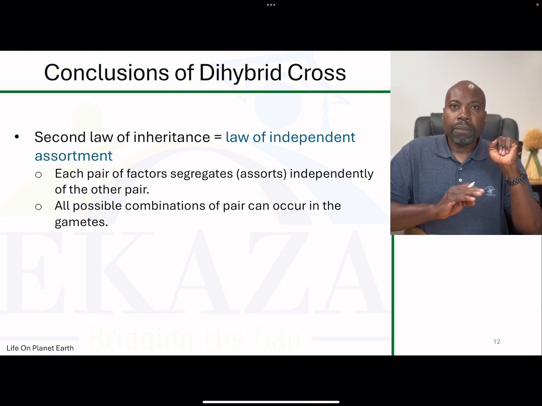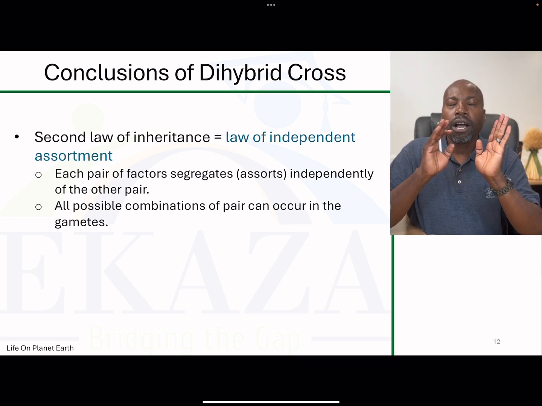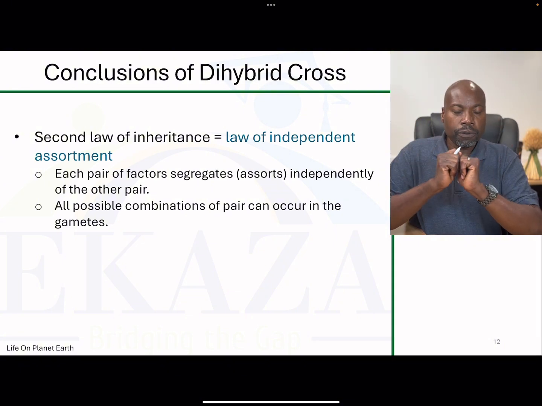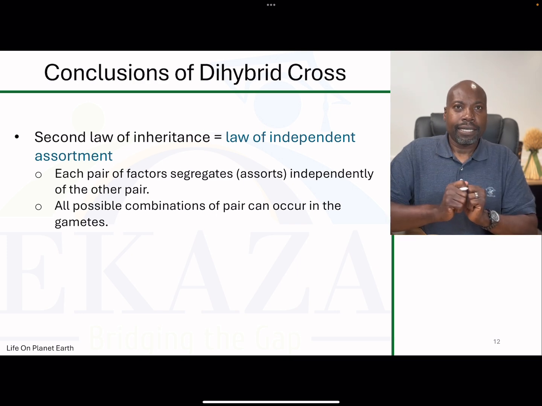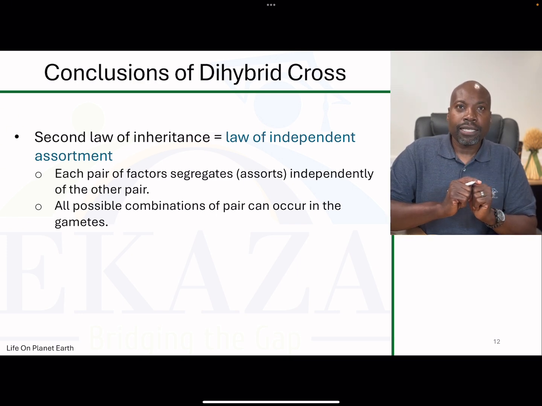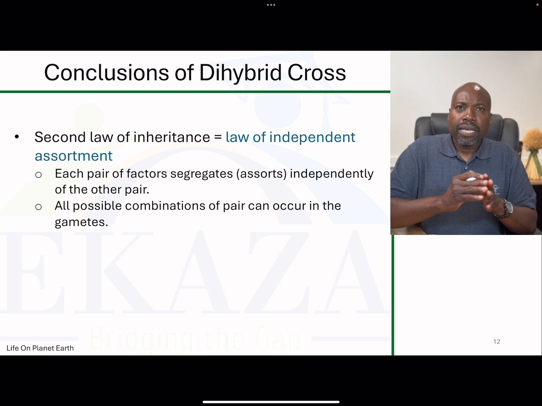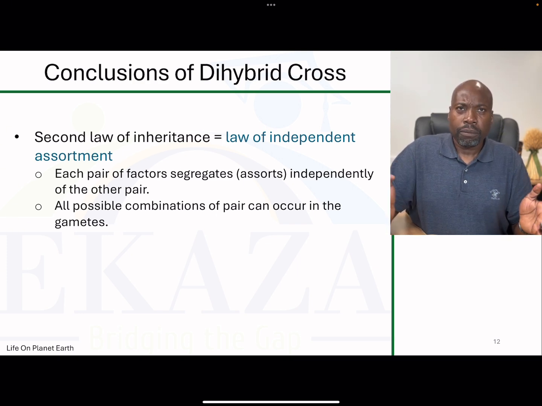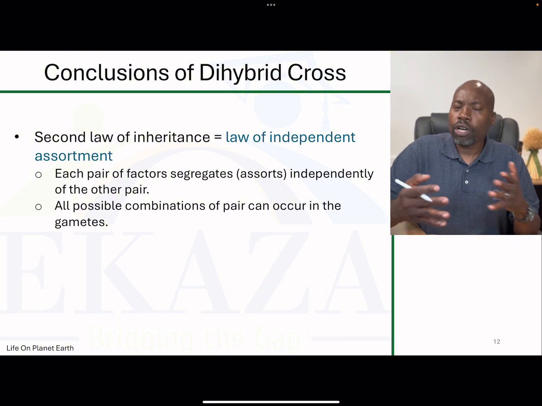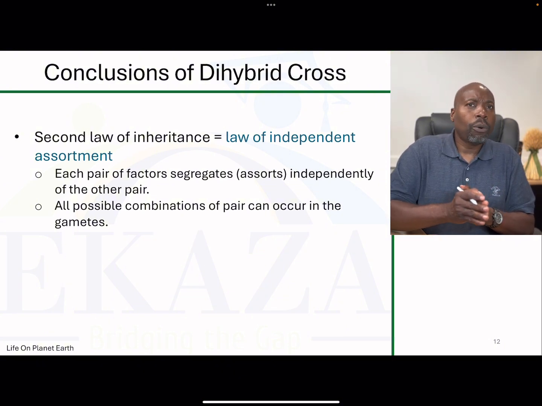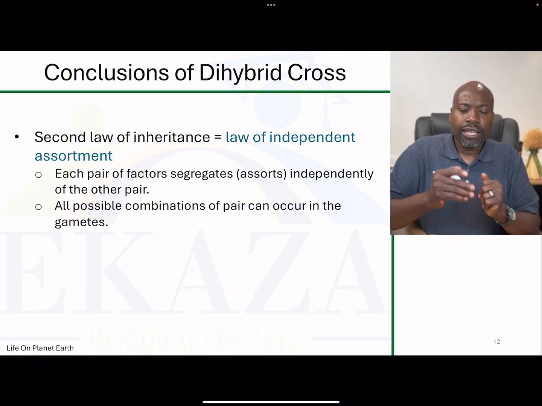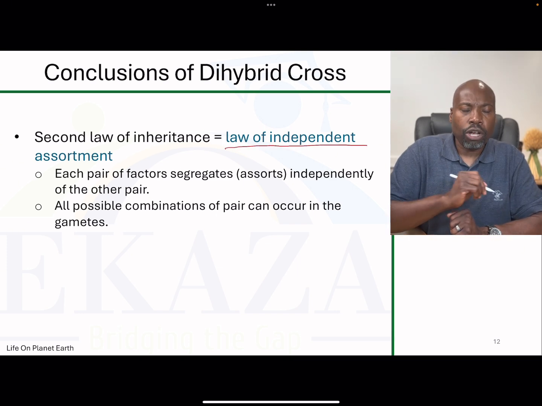While the color of the pods can be carried by set of chromosome number 2. Considering that, he reached a conclusion that these chromosomes that are obviously different can separate independently of each other. So they don't depend on each other as to how they are going to separate during meiosis. This is the law of independent assortment.